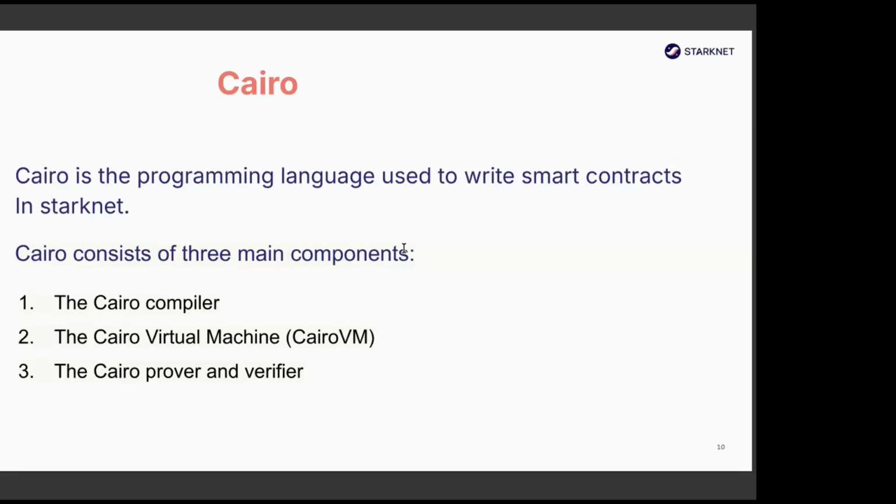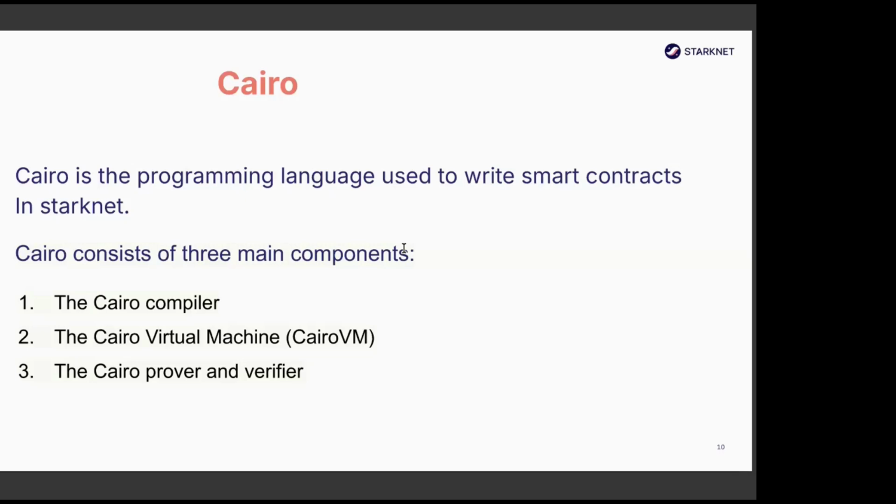Because of that, Cairo code is translated down and taken as a transaction to the mempool, and then to the sequencer, as I remember telling us.